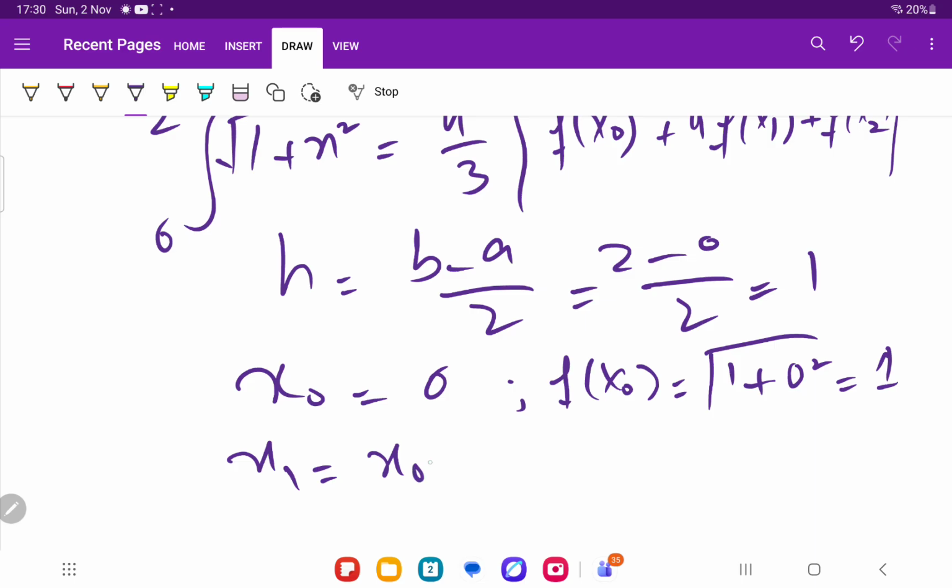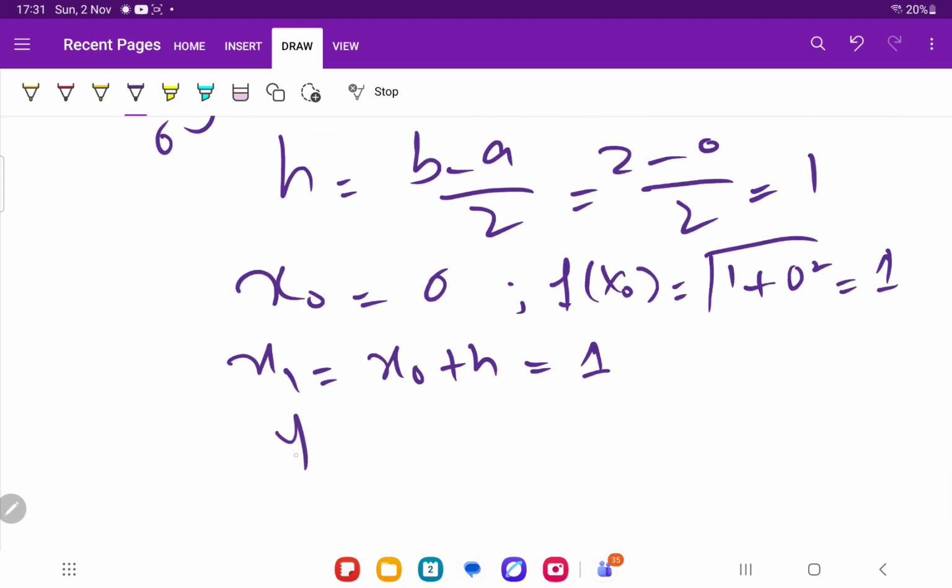So x1 is x naught plus h, which is equal to 1, and the midpoint is also 1, because if you are adding 0 with 2 and dividing by 2, you are getting 1 as well. Okay, x1 is 1, x naught is 0 and the interval is 1, so x naught plus h is 1. Got it? And then you have to compute f of x1. F of x1 is 1 plus 1 square, so square root of 2.